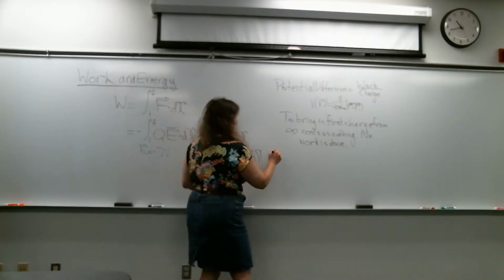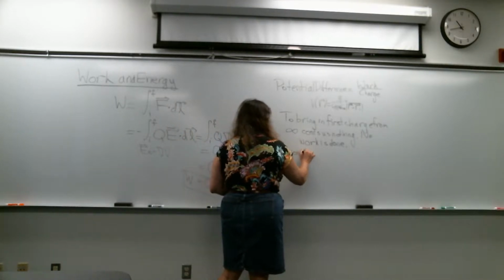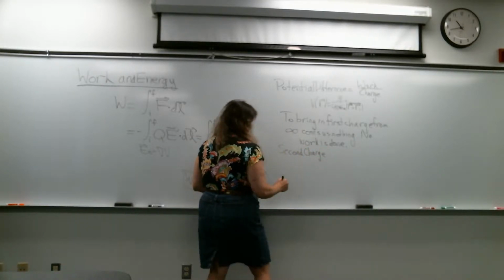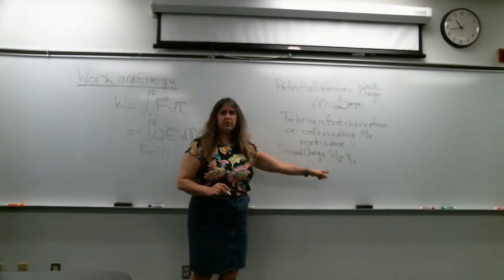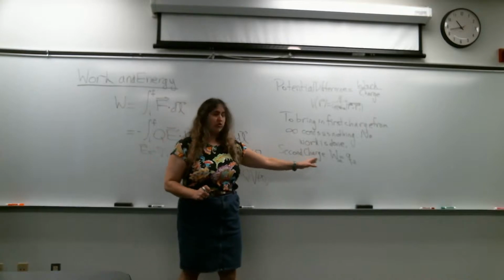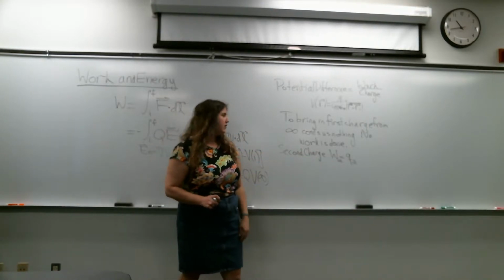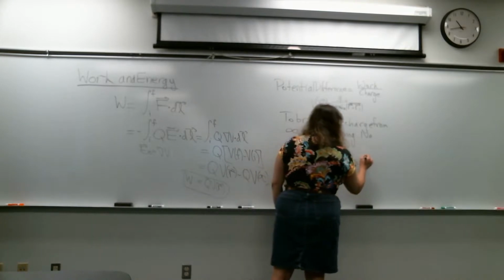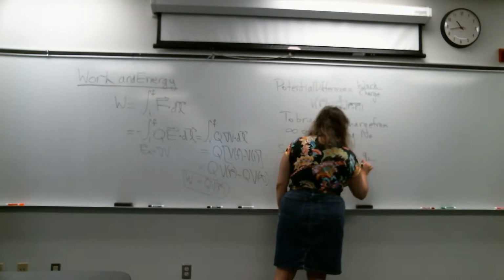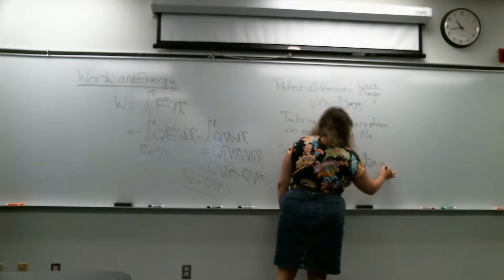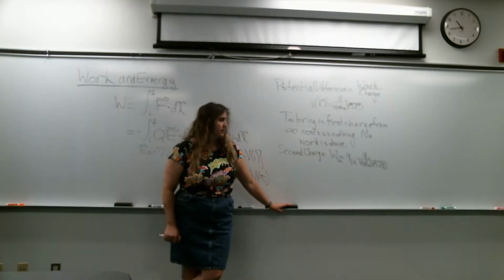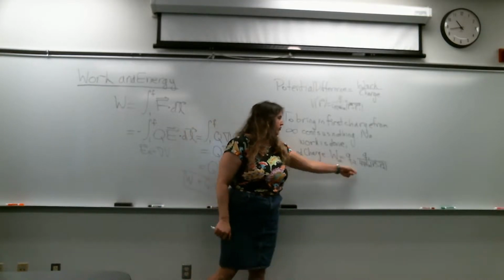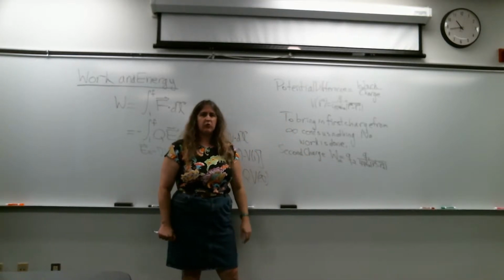And therefore, the work is going to be equal to the charge Q2 times the potential due to charge 1, that's located at position r1. And we're bringing our second charge into position r2, and that's the amount of work that we have to do.